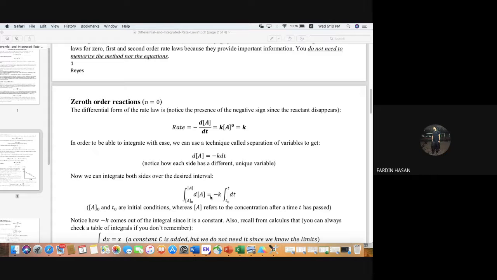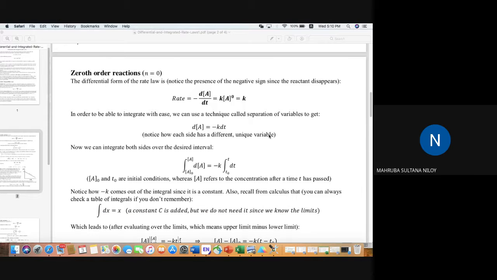Yes, sir. Okay. So there is a general formula: if we integrate dx, then we will get x. So if we put here dt, then what will we get here? T, sir. T, right? Okay.